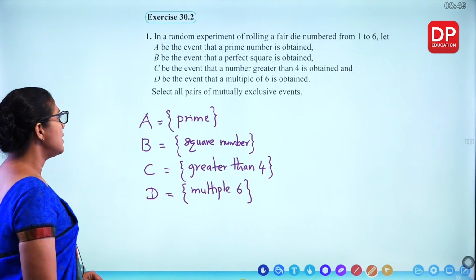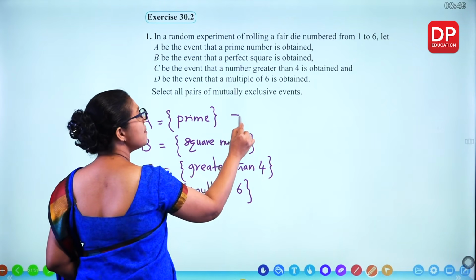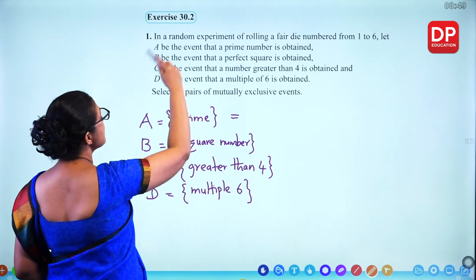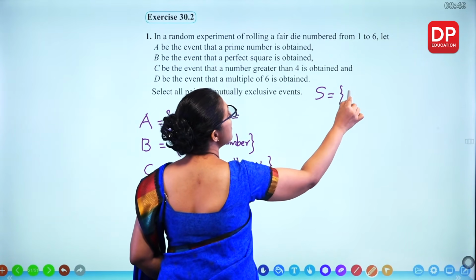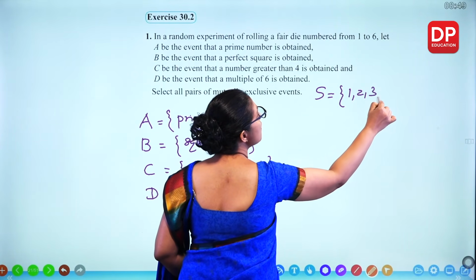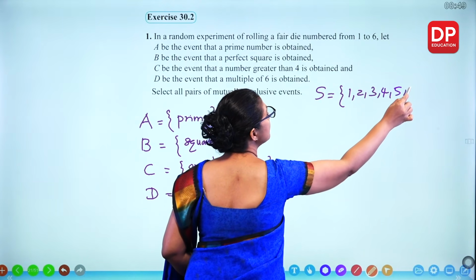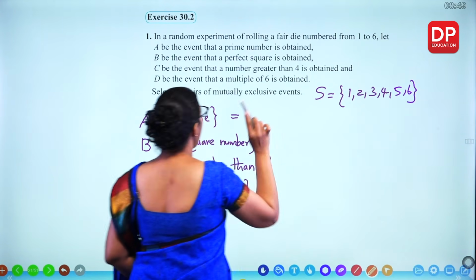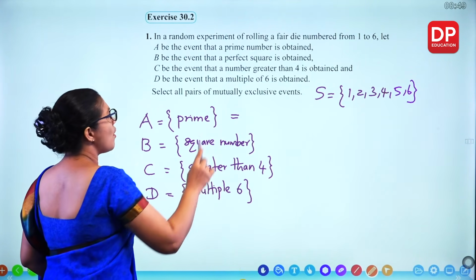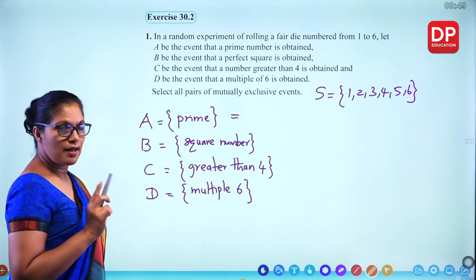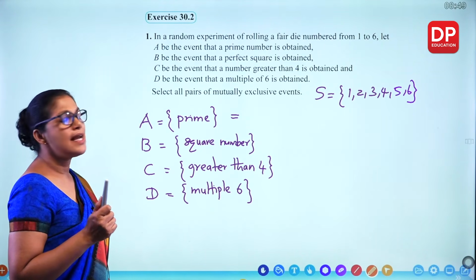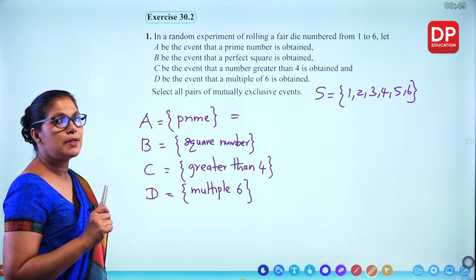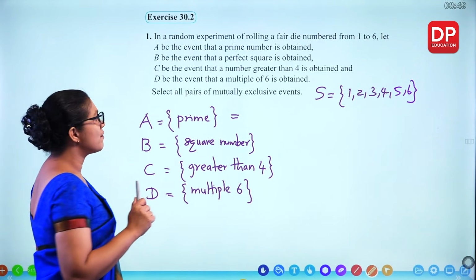Okay, so we'll see what the elements are first. What's the sample space according to this question? S is given as 1, 2, 3, 4, 5, 6. Out of that, what are prime numbers? Prime numbers are numbers not divisible by any other number, only divisible by 1 and itself.